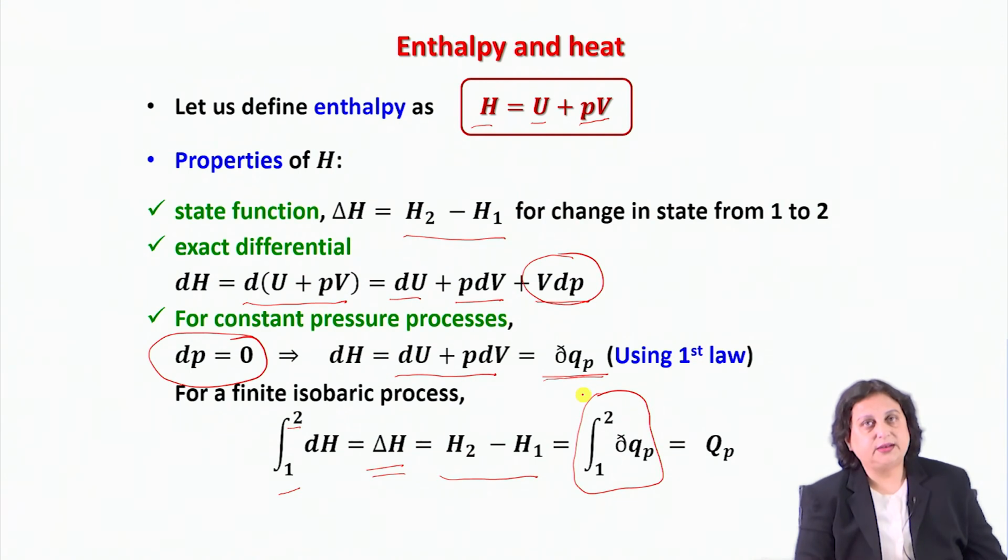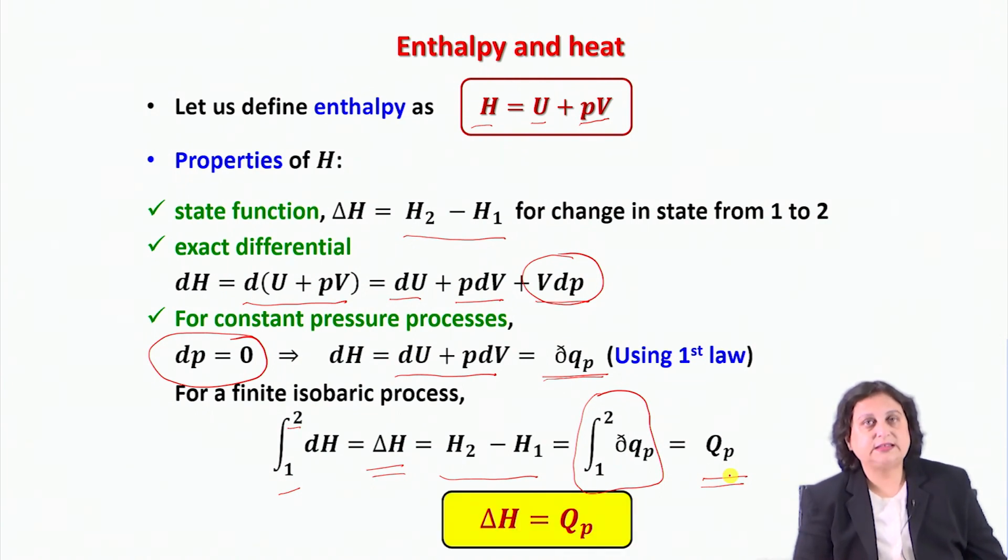And what is the magnitude of this integral? The total amount of heat exchanged between the system and the surrounding during this finite isobaric process. Therefore, what I understand is if I want to find out the value of change in enthalpy, this is equal to the amount of heat exchanged during the change in state under a constant pressure condition.